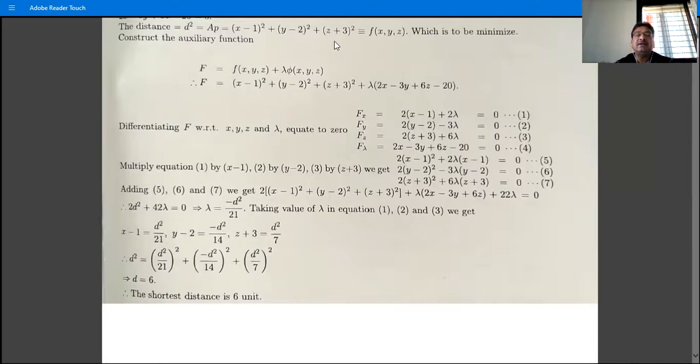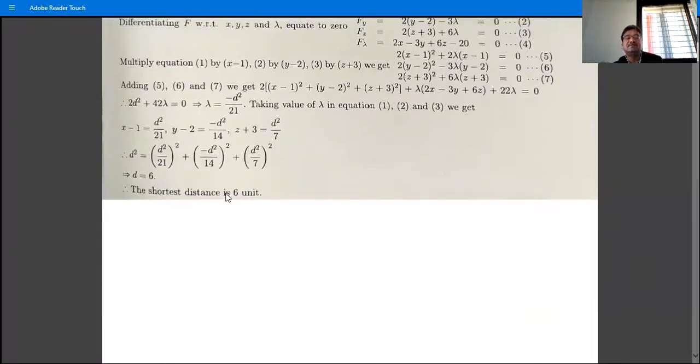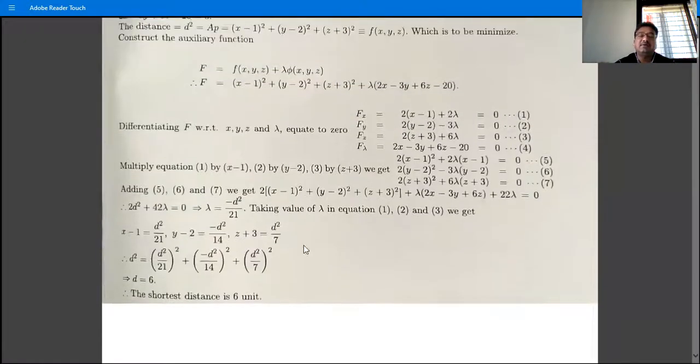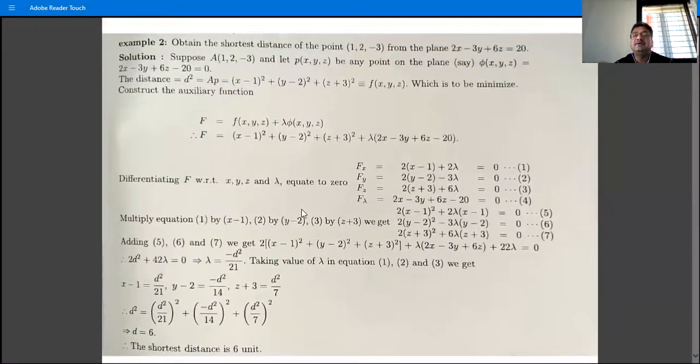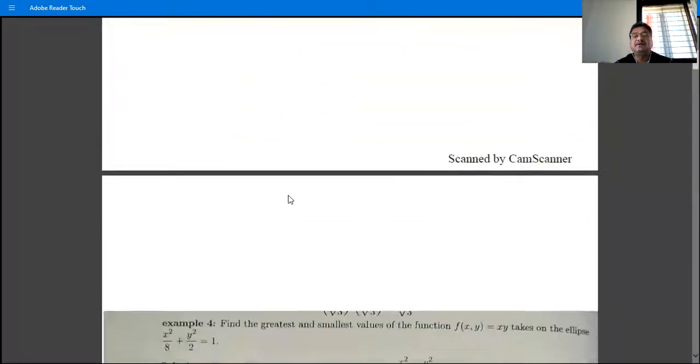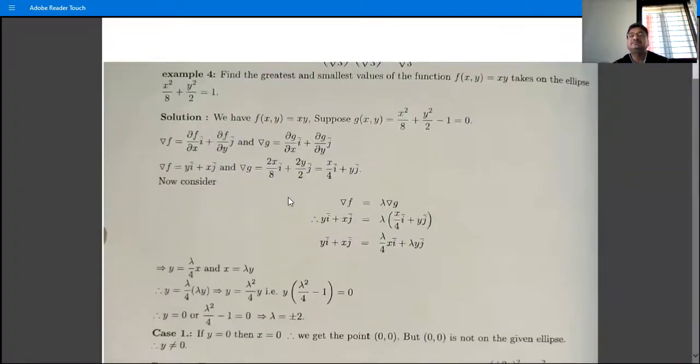So write d square is equal to (x minus 1) square plus (y minus 2) square plus (z plus 3) square, and the next step: x minus 1 is d square by 21, its square, y minus 2 is this, its square, then z plus 3 is this square. Solving this equation, we get d is 6, the shortest distance. And the same problem is solved by another method in the previous lecture.